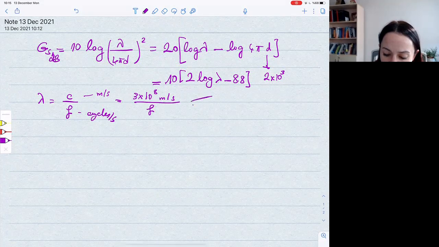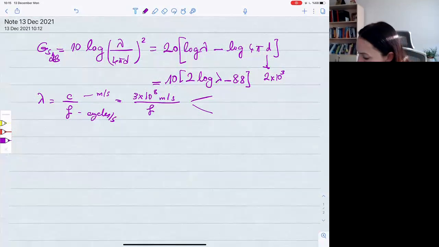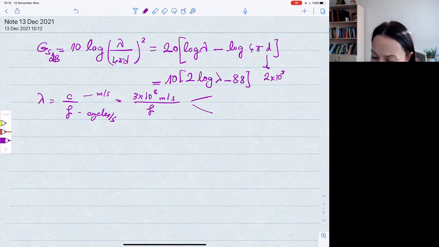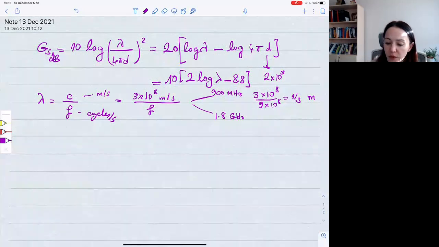So for the 2 different frequencies that we have, what are our frequencies? 900 megahertz, right? 1.8 gigahertz, if I'm not mistaken. For the 900 megahertz, I'm dividing 3 times 10 to the 8 by 9 times 10 to the 8, which gives me 1/3 meters.